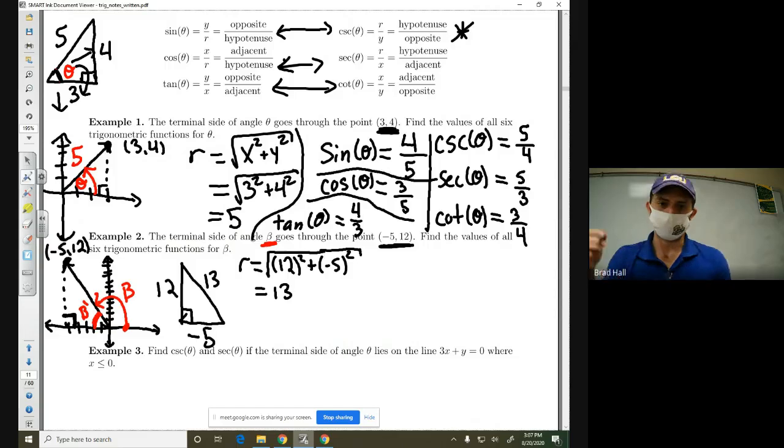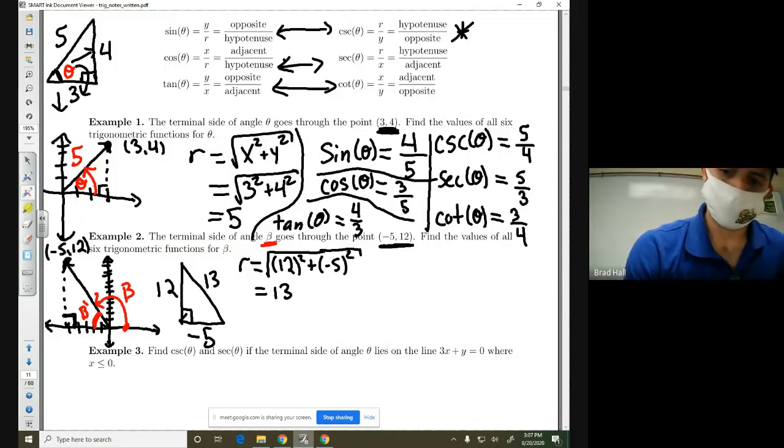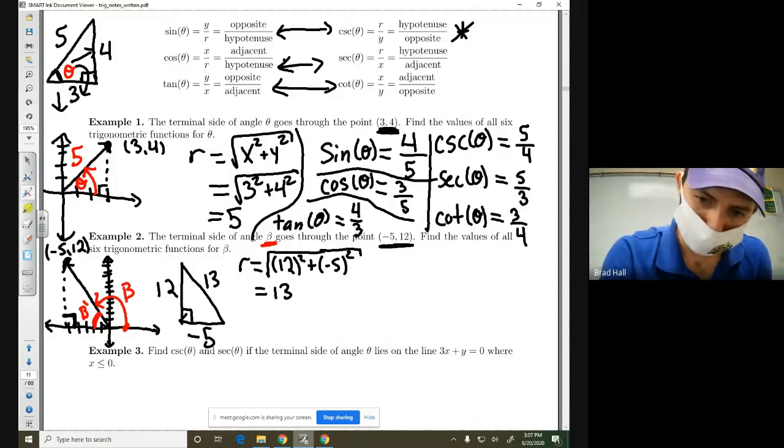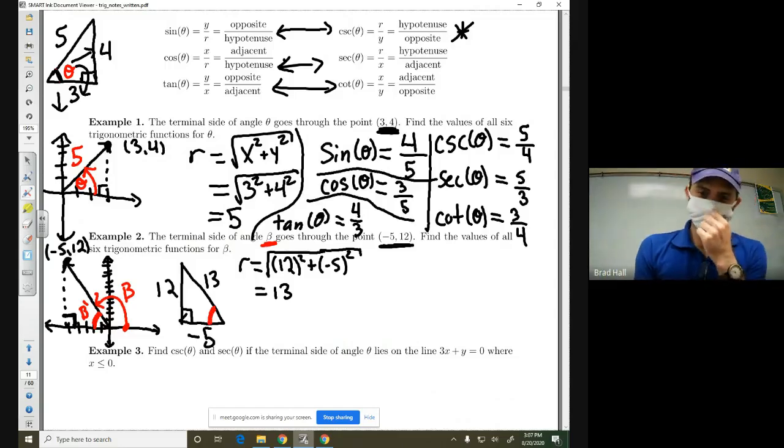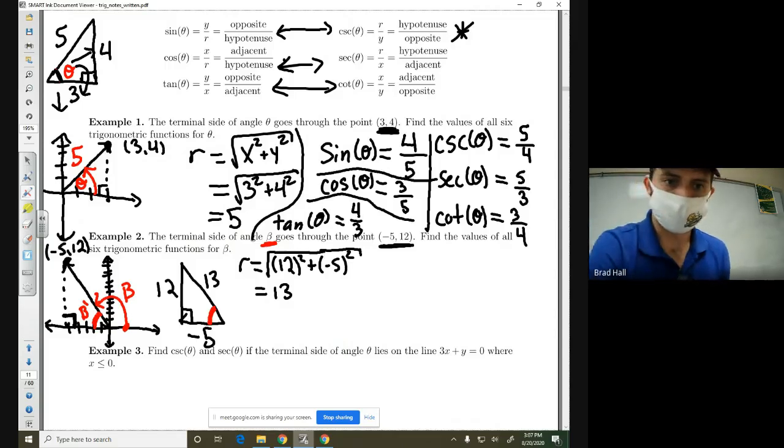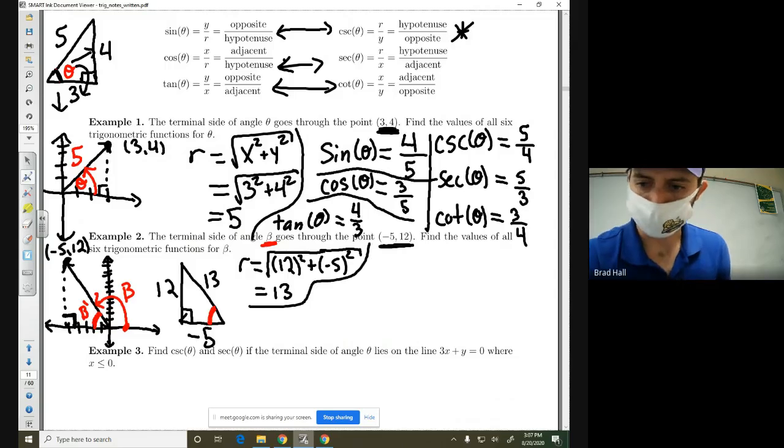And now we have a triangle, and we have a reference angle, which we're pretty much treating as beta, so we can go ahead and start filling out all the trig functions.